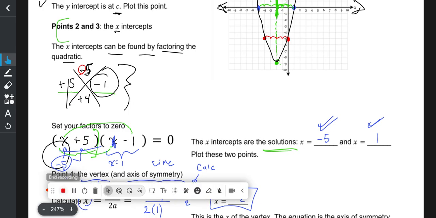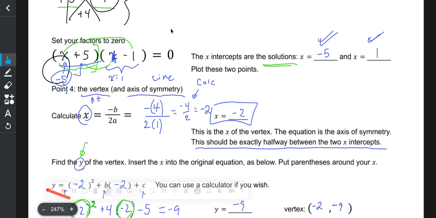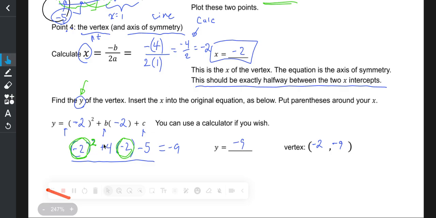I think I missed some parts here. This is how you calculate the y. It's by inserting the -2 from our x into this equation. Very important that you square the -2 by putting it in parentheses. Put this in parentheses as well. When you put this all in the calculator, you get -9.